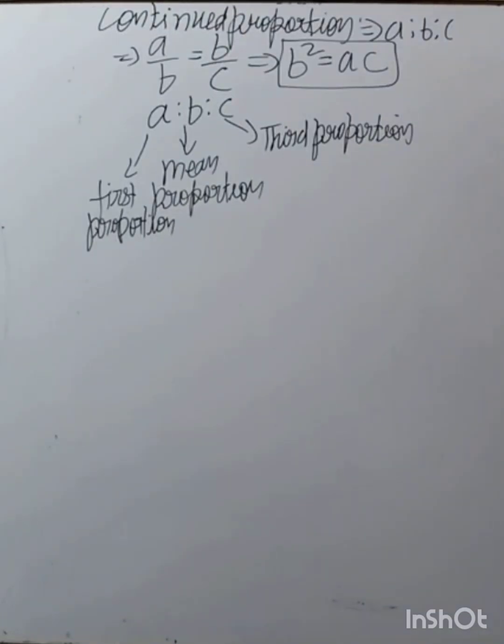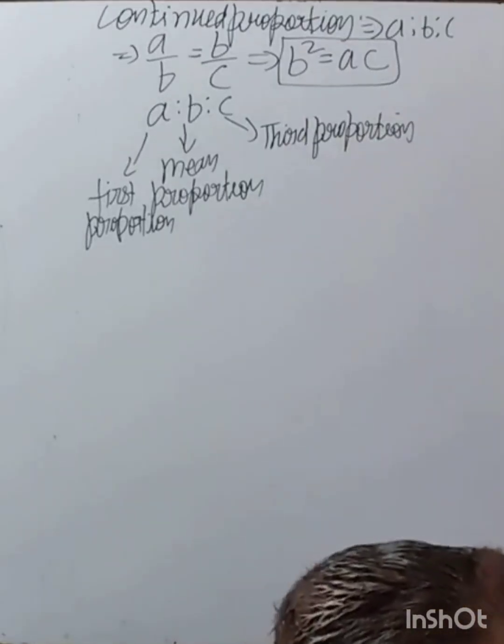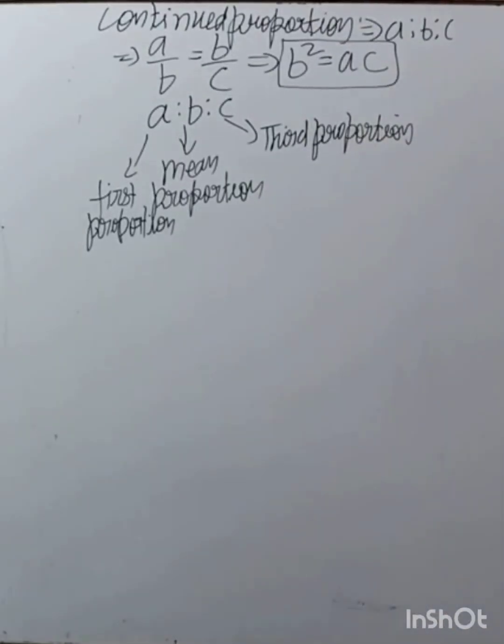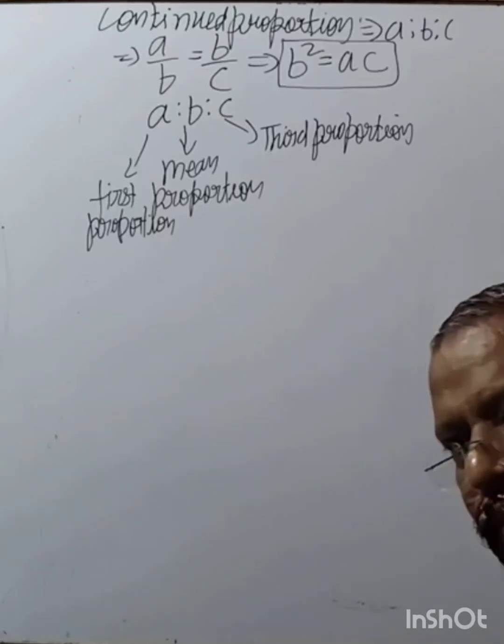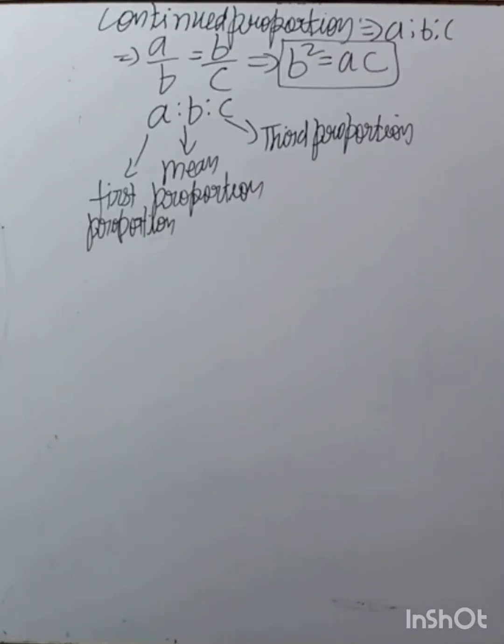Then you have cross products. What is given to you? Okay, forget about this.